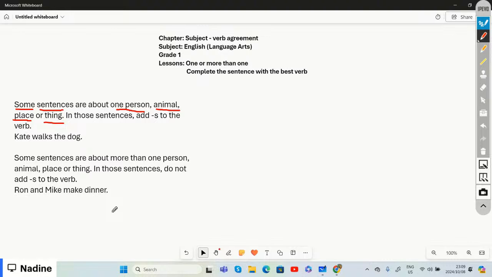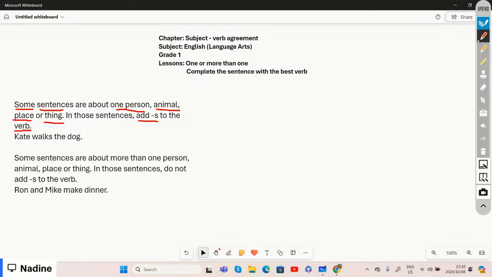All right. And then when it comes to, for example, our singular subjects, in those sentences that talk about one person, one animal, one place, one thing, all we have to do is add an S to our verb.